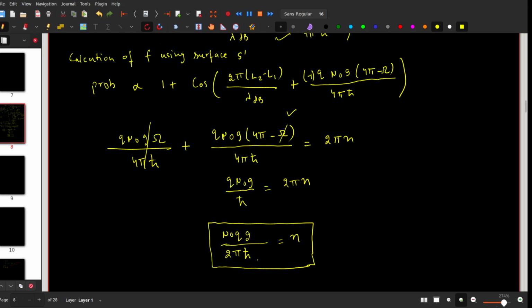This is known as the Dirac quantization condition.